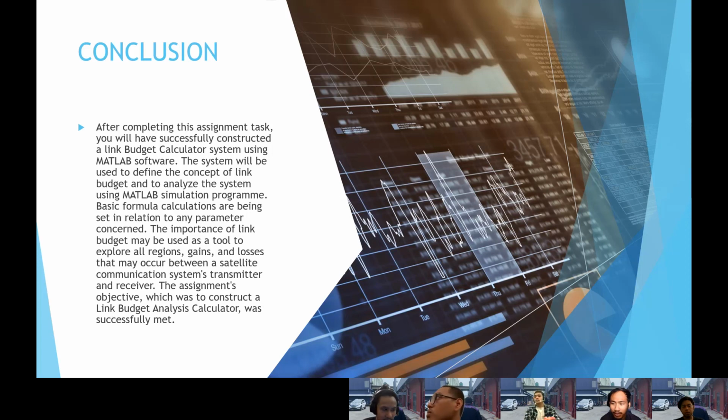Basic formula calculations are being set in relation to any parameter concerned, and the importance of link budget may be used as a tool to explore all gains and losses that may occur between the satellite and communication system transmitter and receiver. Then the assignment objective, which is to construct a link budget calculator, was successfully met.